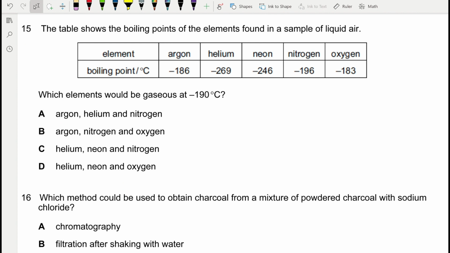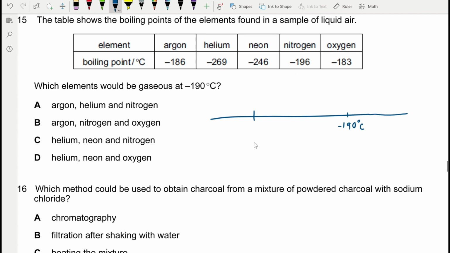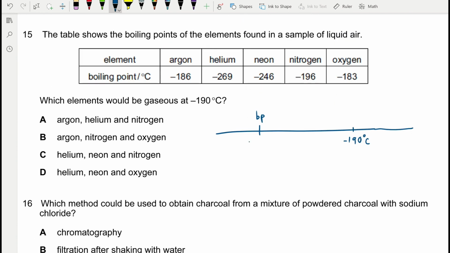Question 15. Which elements must be gaseous at -190 degrees Celsius? For the element to be gaseous at -190 degrees Celsius, its boiling point must be lower than that temperature. So maybe let's say the boiling point is here. All right, so this would be a greater negative number than 190.